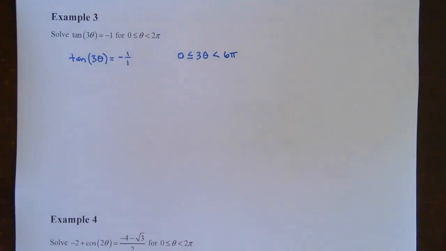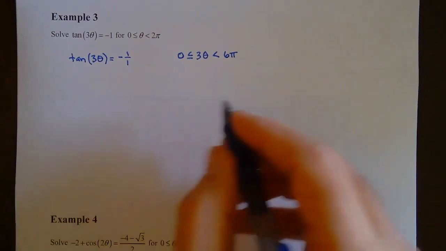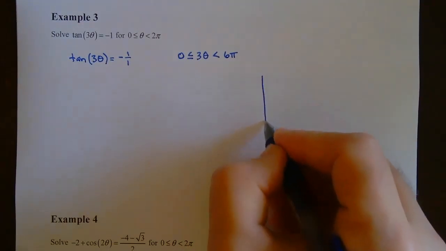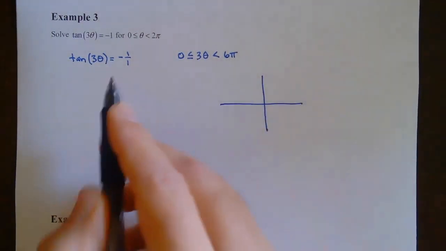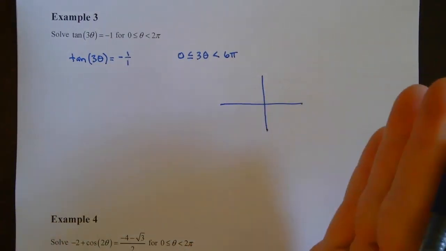So what does this mean? I'm going to have to go around the unit circle 3 times to get all the answers for this. So I'm going to draw my diagram over here. Now, tangent is the ratio of y over x, so one of them has to be negative and one of them has to be positive.